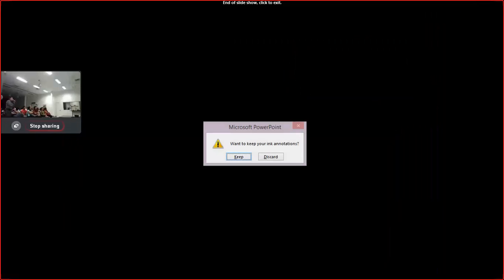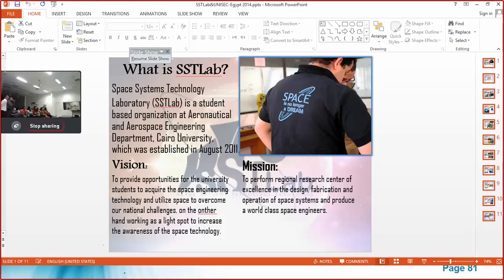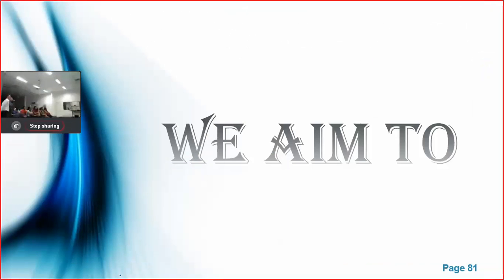Finally, now we talk about our aim. Our aim is to produce a CubeSat. We have a standard shape of the CANSAT. It's a cube with a length of 100 millimeters.